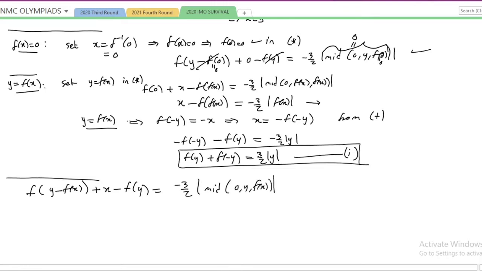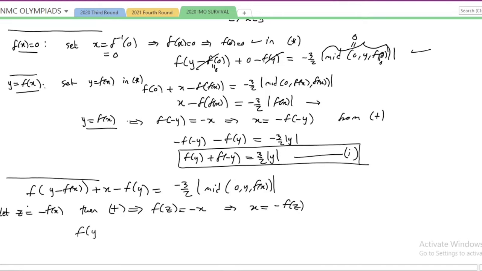Okay, now so we're going to write, let z be minus f of x, then plus will give us that f of z is going to be minus x. So this is very symmetric, so x is now minus z, f of z. So using that here, we can now rewrite everything in terms of y and z.